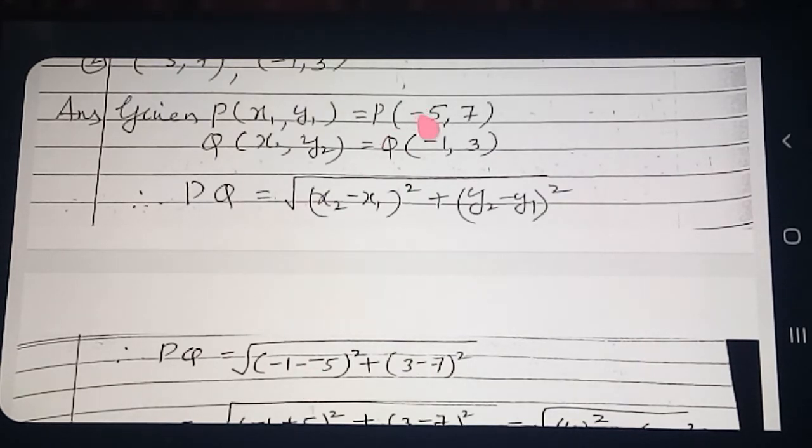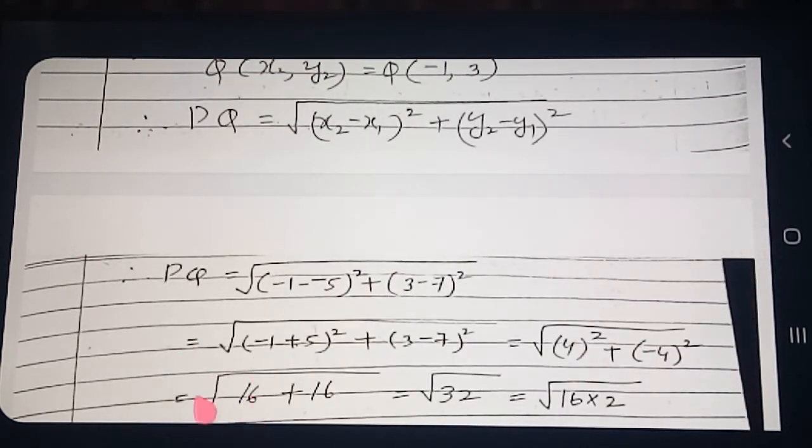What is x1? Minus 5, the whole square, plus y2, which is 3, minus y1, which is 7, the whole square. Understood why I am stopping in between? Because this minus is very problematic. Handle it properly, otherwise if one minus is a mistake, the full answer is wrong.